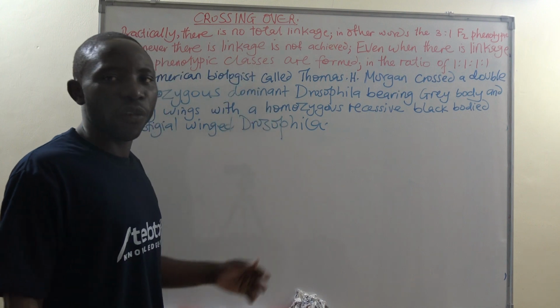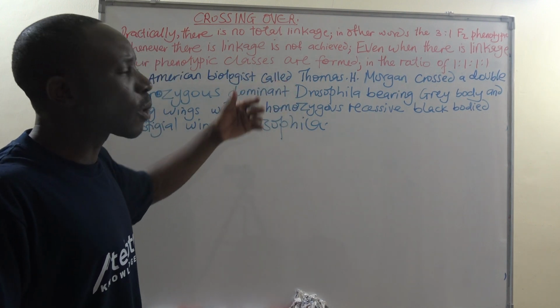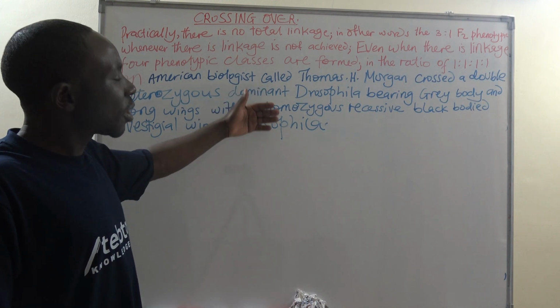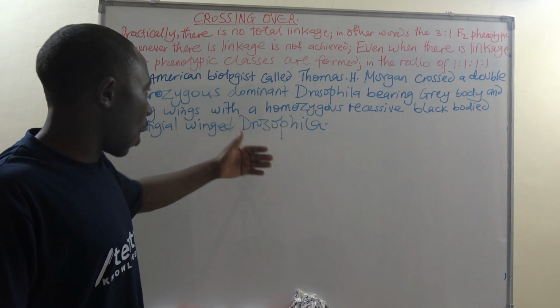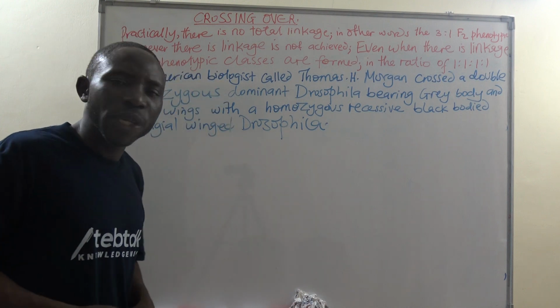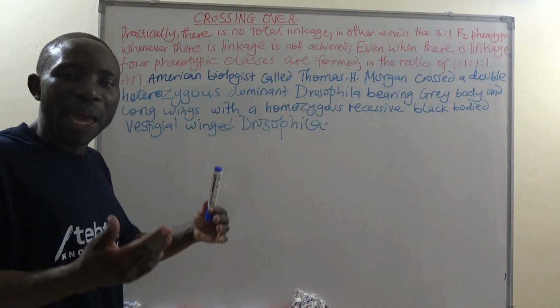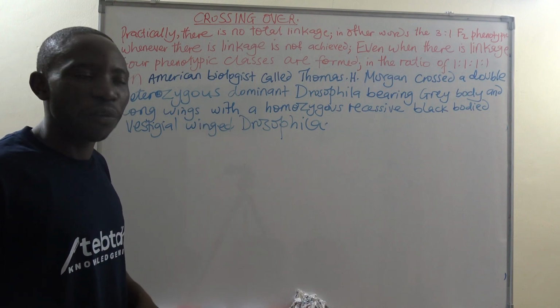If you can recall, this is a test cross. This cross which Thomas Morgan carried out is a test cross, crossing a heterozygous organism with a homozygous recessive individual.